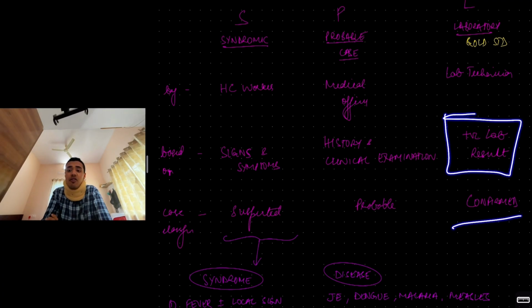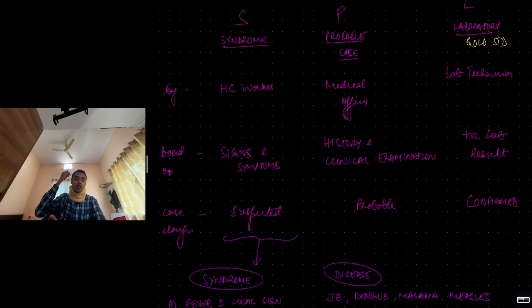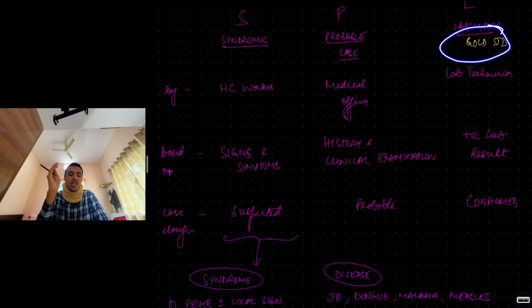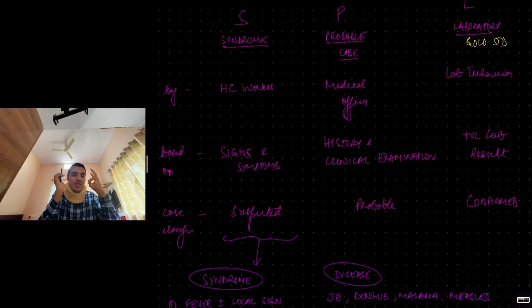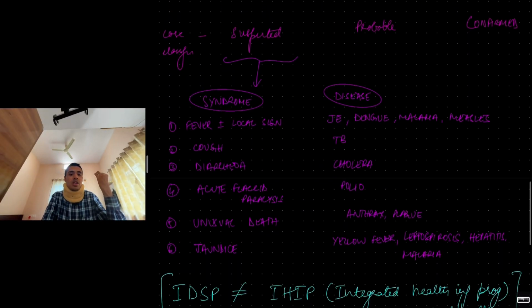So this is a confirmed case because you have done a lab diagnostic test and gotten a report that this is malaria. This is the gold standard of surveillance because it is giving you the most accurate data. But all three methods of surveillance are used in IDSP: syndromic, probable case, and laboratory surveillance.